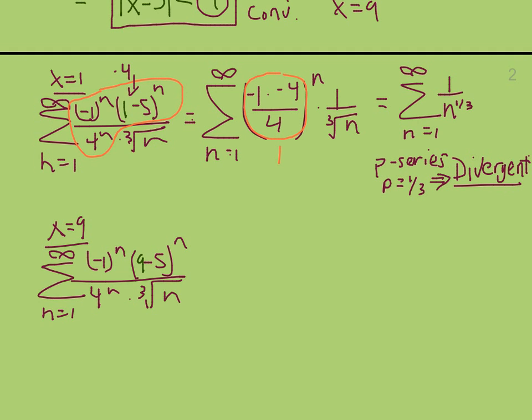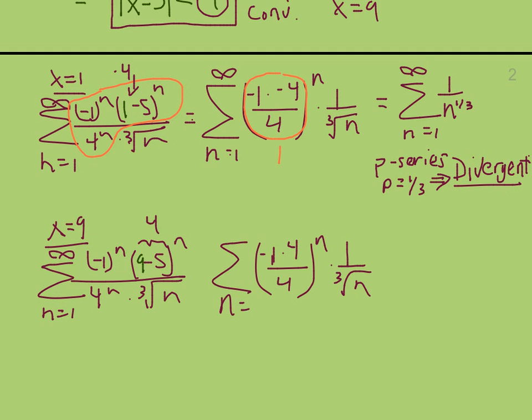This time, we'll have a negative 1. This here is a positive 4. And that's all to the nth power. And so this all will combine this time to be a negative 1 to the n.